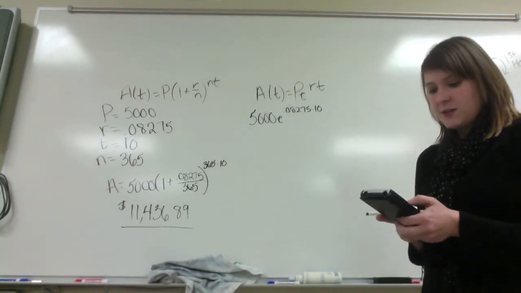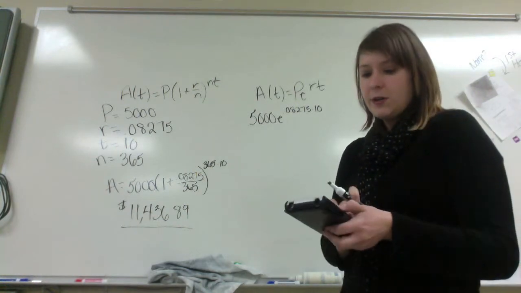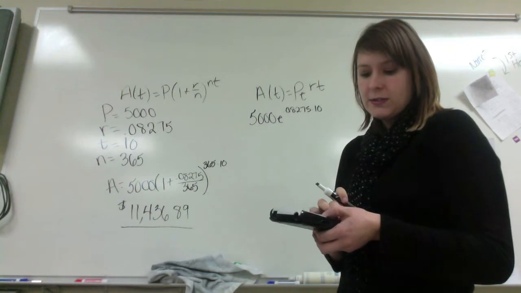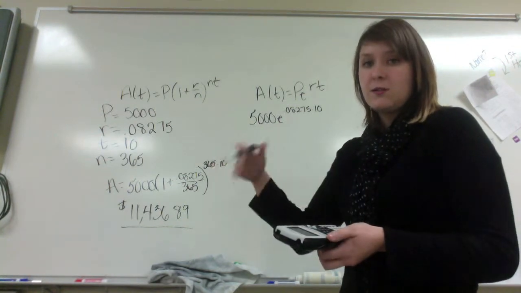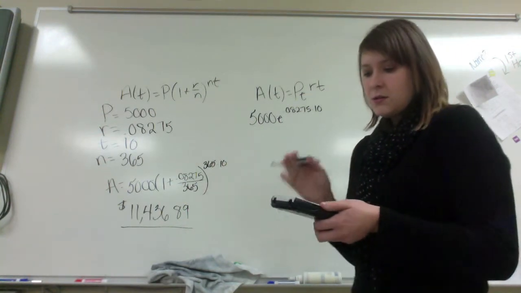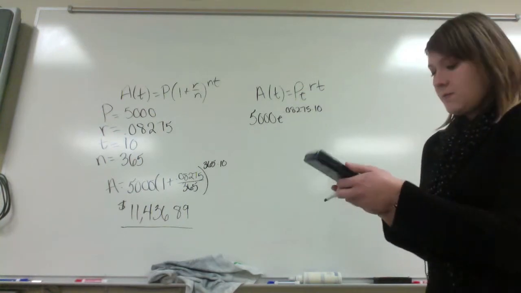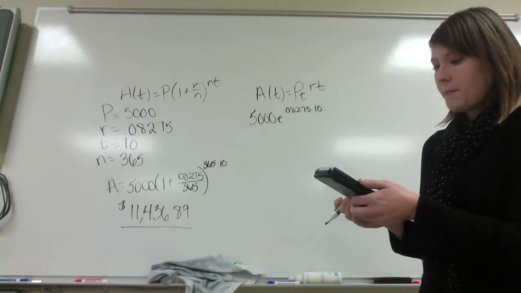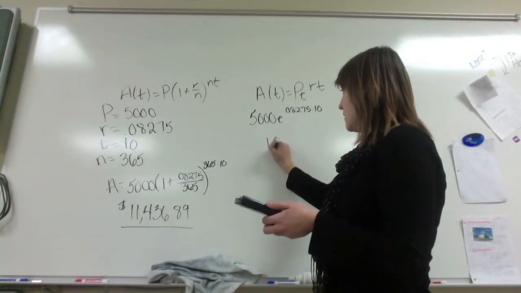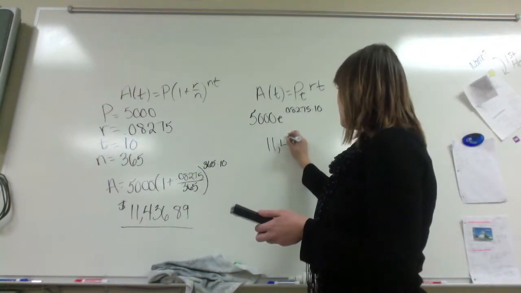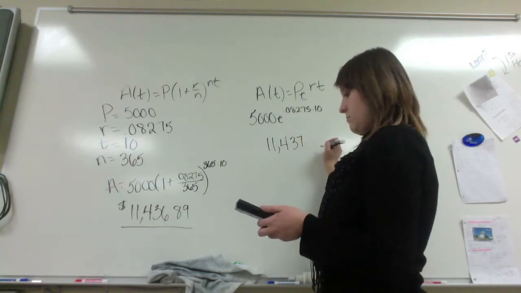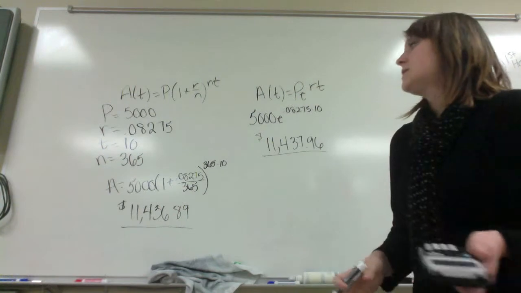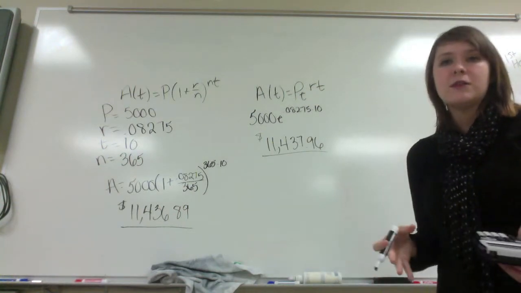I've got 5,000. That e button, if you look at your calculator, there's that natural log ln. If you do second ln, that'll give you e to the whatever power. So you'll hit that, and then you'll type in 0.08275 times 10, and we get 11,437.96. Okay, so that's how much I make if I compound continuously.